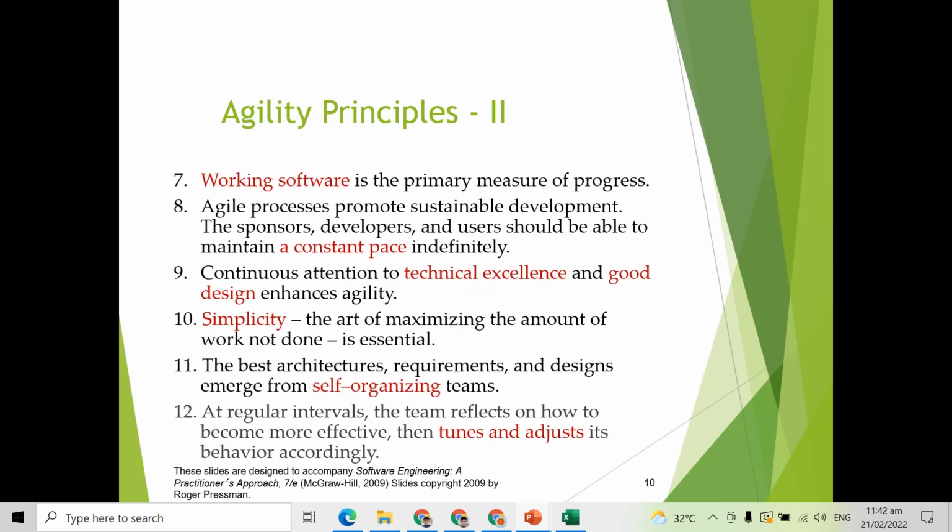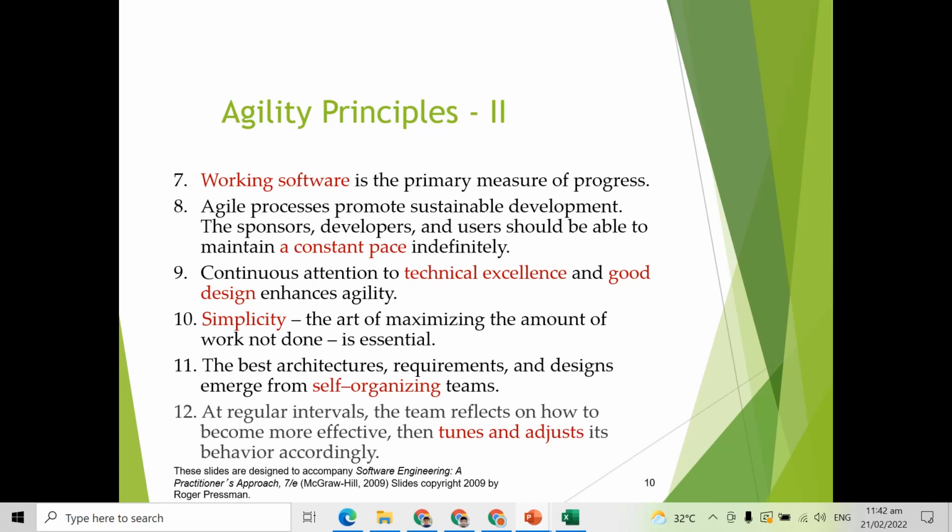So let's go to the second part. Working software is the primary measure of progress. Agile processes promote sustainable development. Sponsors, developers, and users should be able to maintain a constant pace indefinitely. And continuous attention to technical excellence and good design enhances agility.